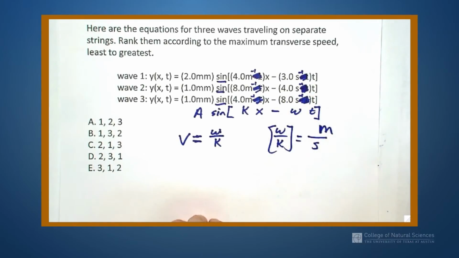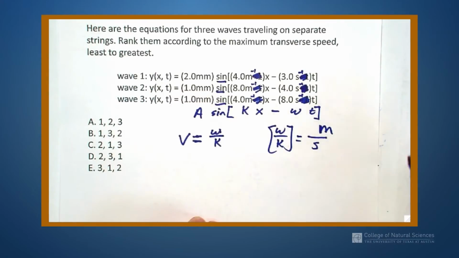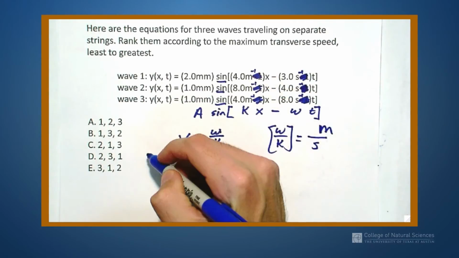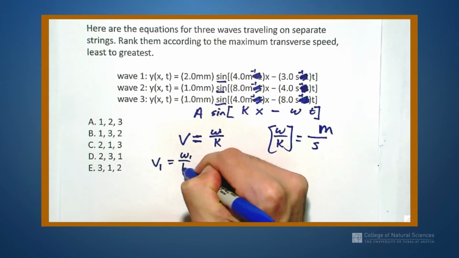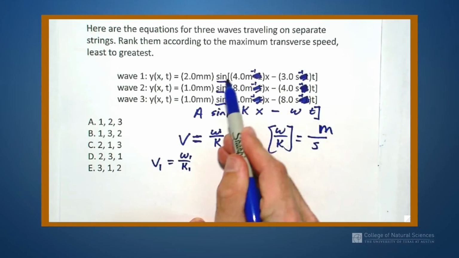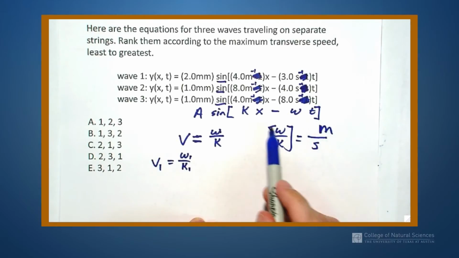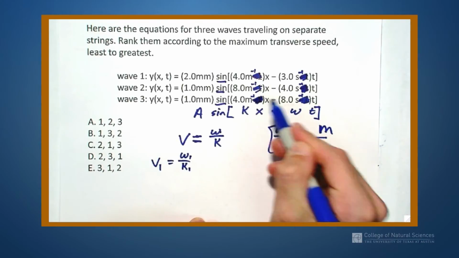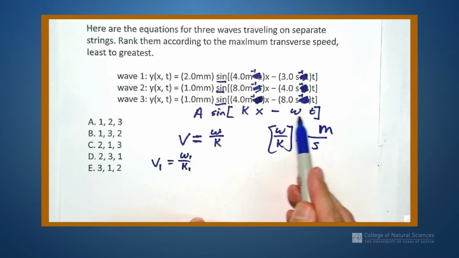All I'm trying to figure out is which one has the least velocity and the greatest velocity. So velocity 1 is omega 1 over k1, because I'm just comparing the three equations they gave me to the general equation for a general wave, which has a kx term and a minus omega t term.